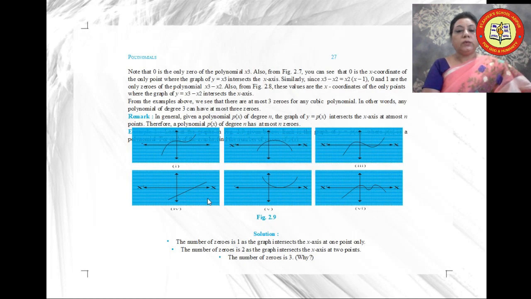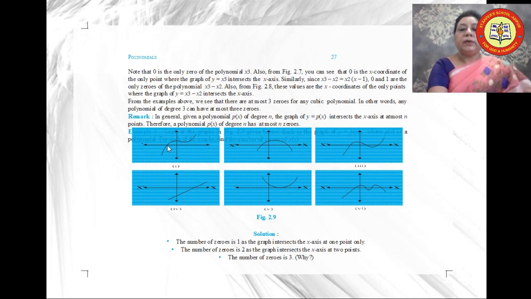How many zeros does a polynomial have? Without calculating, you have to just find out in how many points the graph intersects the x-axis. For example, in the first figure, the graph is intersecting in one point.